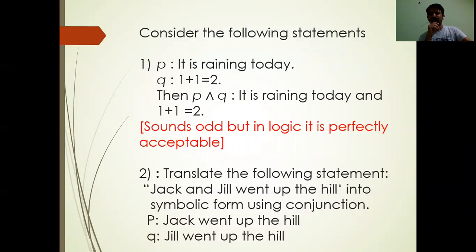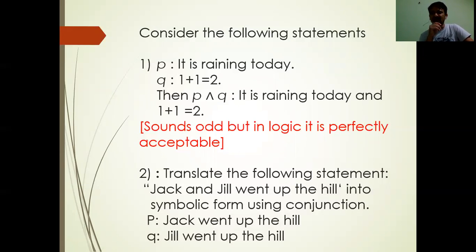Because it is raining today, and 1 plus 1 is equal to 2, but it is combining these two unrelated statements. So it sounds odd, but in logic it is perfectly acceptable. Now tell me the truth value for this one. If P is true and Q is also true, then P and Q is also true. So with the and operator, the conjunction here is: it is raining today and 1 plus 1 is equal to 2.